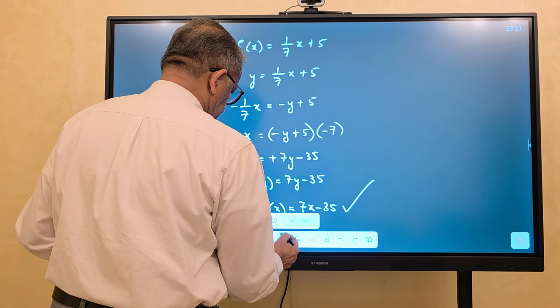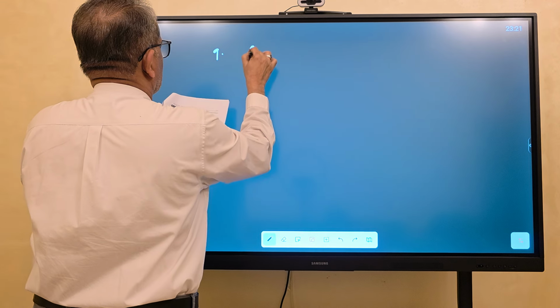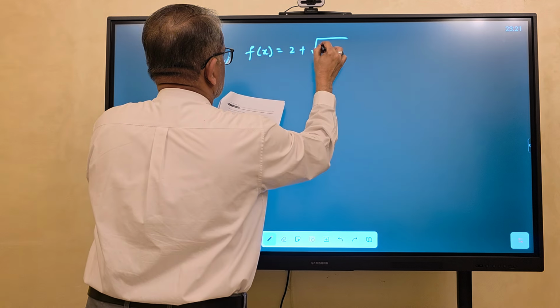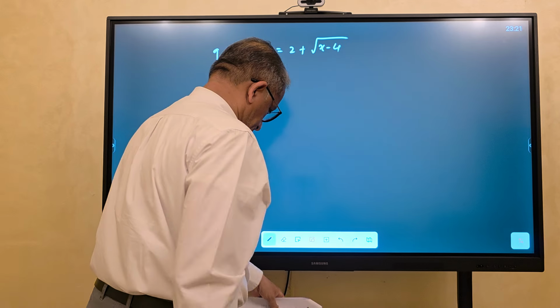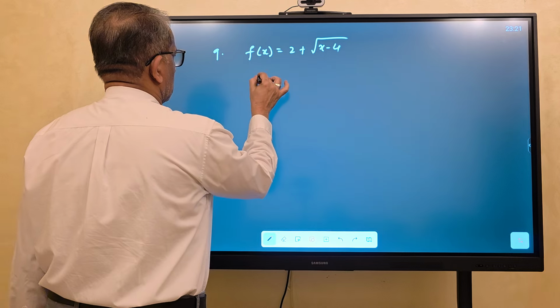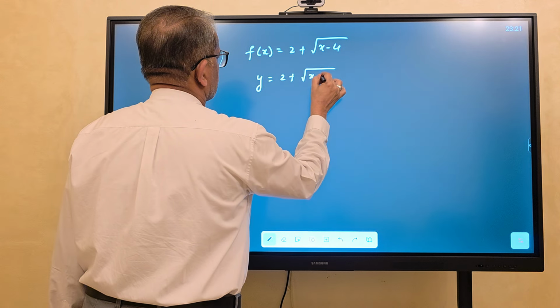Number 9. f(x) is equal to 2 plus root of x minus 4. First step, y equal to 2 plus root of x minus 4.